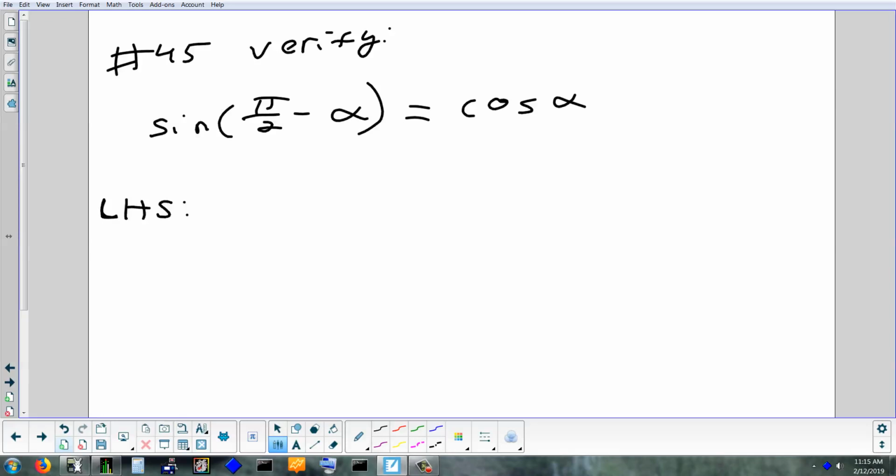There's a name for what we have there. What type of identity is on the left? Is it a Pythagorean? Is it like a reciprocal? What do we have on the left? I'm thinking of two words to describe it.